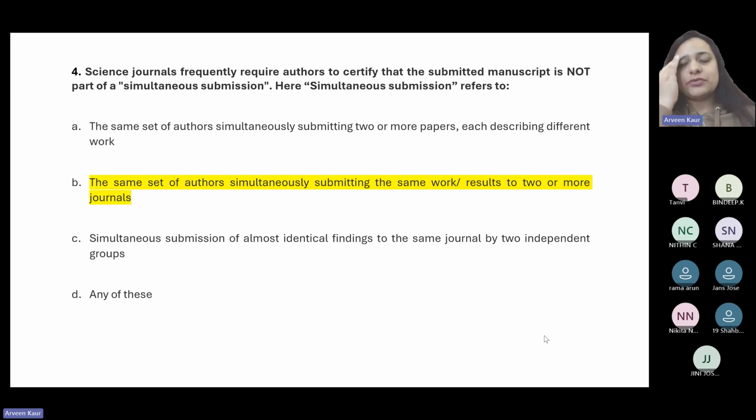Simultaneous submission is only if the same piece of work is being submitted by the same authors to two different places because they want to speed things up, thinking, what if it gets rejected in one, so at least we will not lose time in submitting again from the beginning to the other one. That is something that should not be done, right? What if it gets accepted in both, right? You cannot withdraw the research at that time.